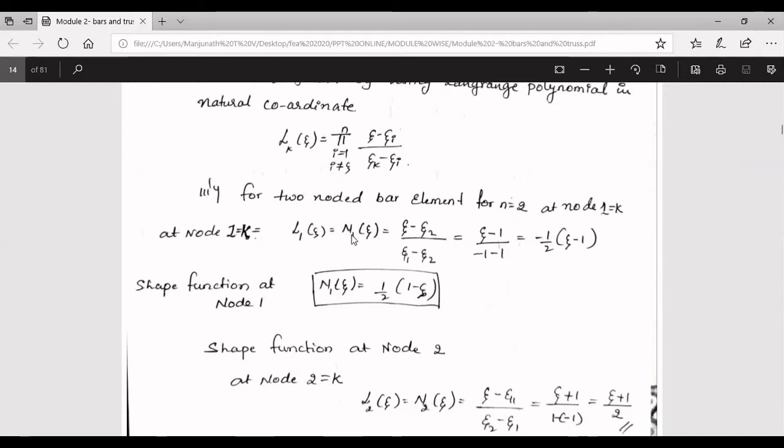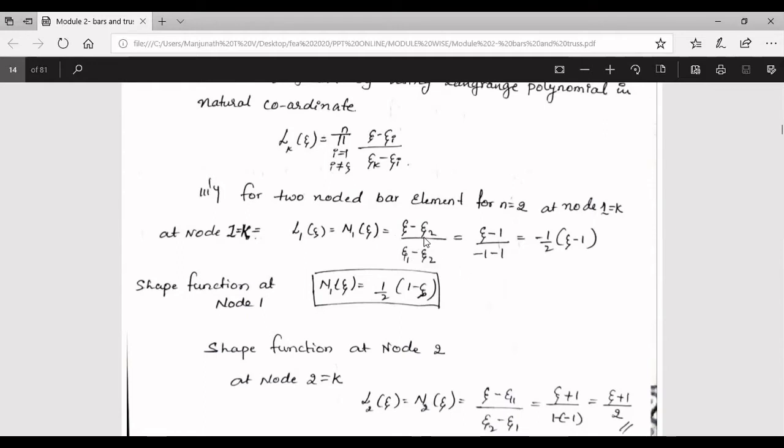So N1 of zeta is equal to zeta minus zeta i, where i is 2 and k is 1, because if we want the shape function at node number 1, then k equals 1, and the remaining node in the element is i, the second node. So the equation becomes zeta minus zeta 2 divided by zeta 1 minus zeta 2.